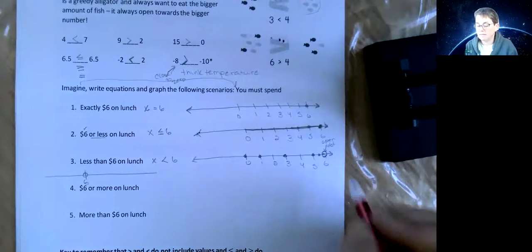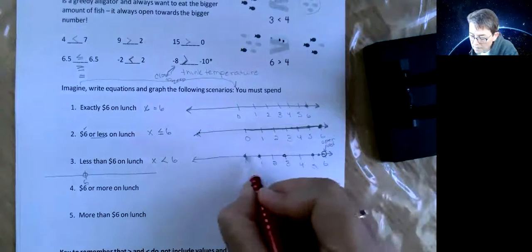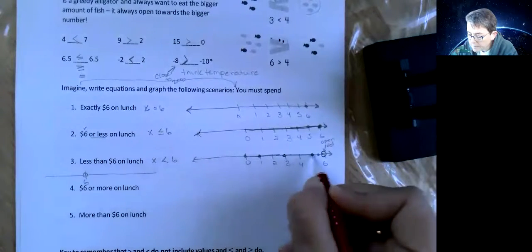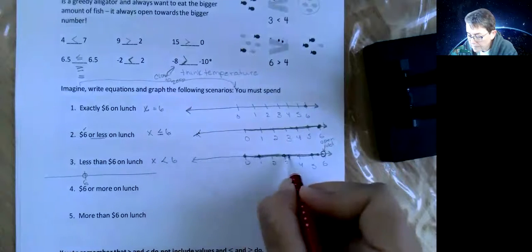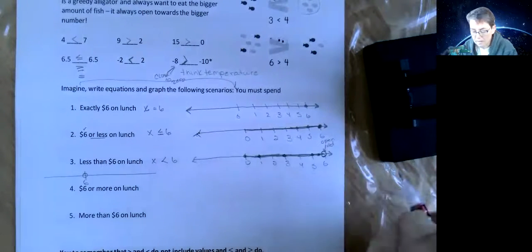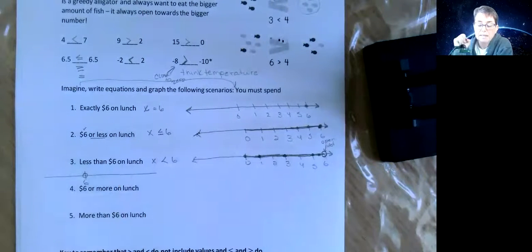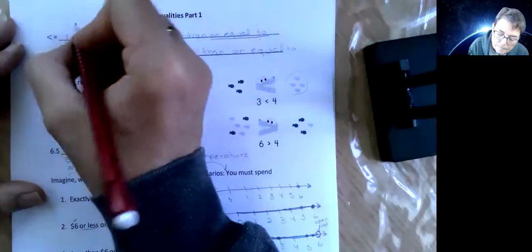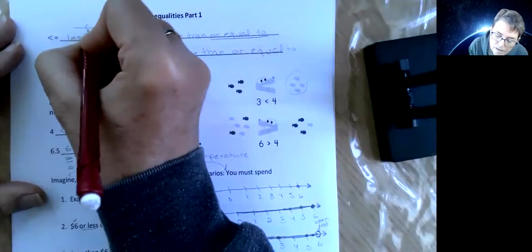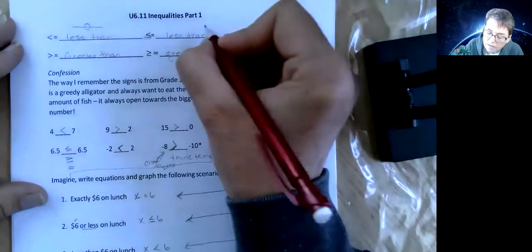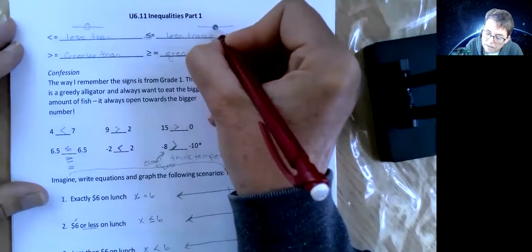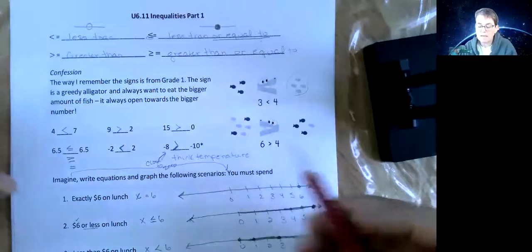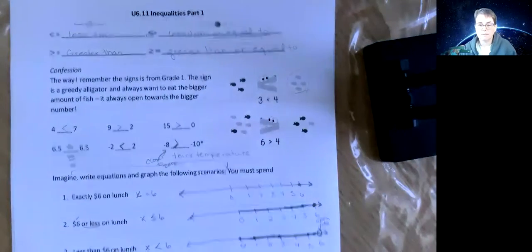That looks a little better. And then you graph like that. So if it's the less than sign, you go like that. If it's less than or equal to, then you color in the dot to show that you include that number. And the same thing for the greater than or equal to signs.